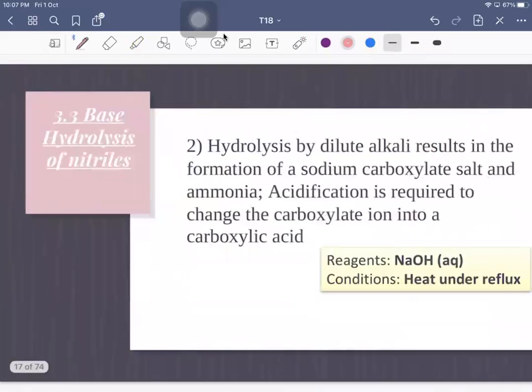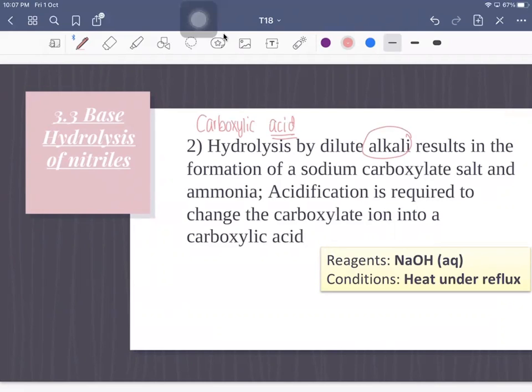Okay, next is the base hydrolysis of nitrile, or the alkali hydrolysis of nitriles. So there's an extra step with alkali. Why? Just to remind you, carboxylic acid is an acid. Okay, and then in the presence of alkali, remember, acid will react with alkali.